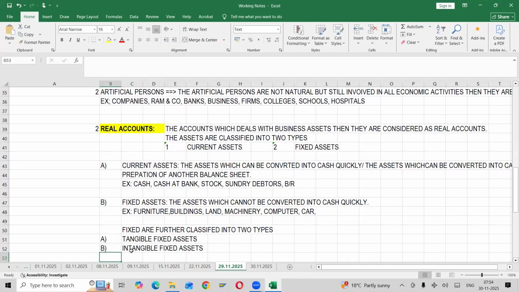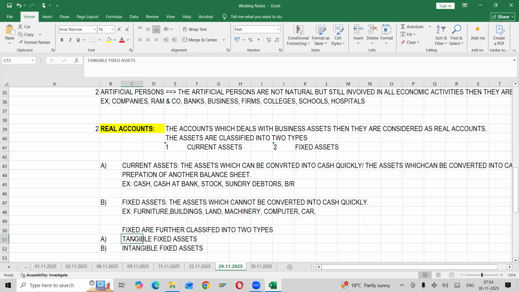Simple, the name itself indicates what fixed assets are: the assets which cannot be converted within one year, that is, from the preparation of one balance sheet to another, within one fiscal year. Those assets are your fixed assets. And fixed assets are further classified into two types, tangible fixed assets and intangible fixed assets.